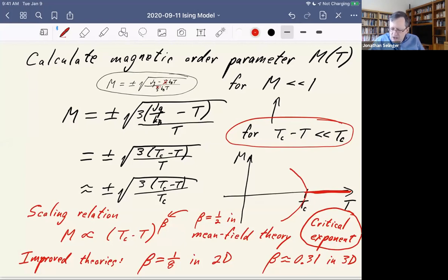That's an interesting question, which I'm going to postpone. I'm going to postpone it because here we see that it comes from the mean field theory that I set up for the magnet, but later on I'll show you a similar thing that happens in the phase diagram for a gas and a liquid.